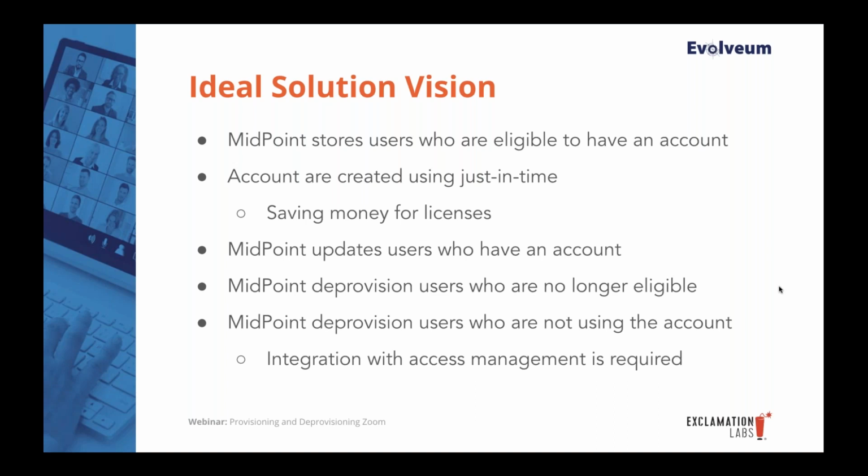So you have this eligible group or eligible role in midPoint, and if you remove a user, the account will be deprovisioned. And if you add the user back in, it won't be provisioned again until he or she starts using Zoom again. So accounts are only created just in time. With that, you have a guarantee that you are using the minimum amount of licenses, and you have strict access control and deprovisioning at the same time.